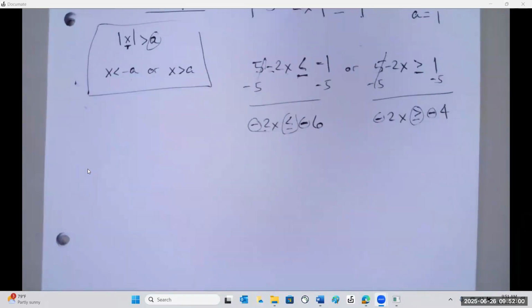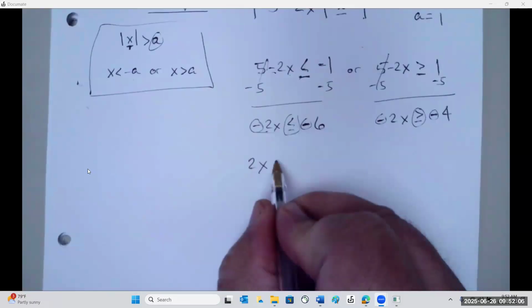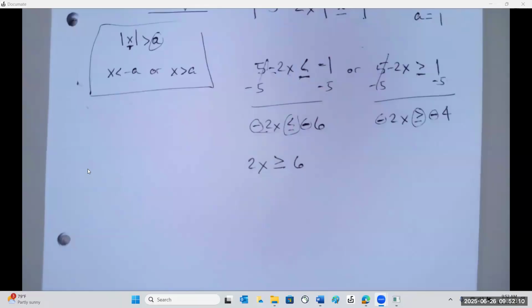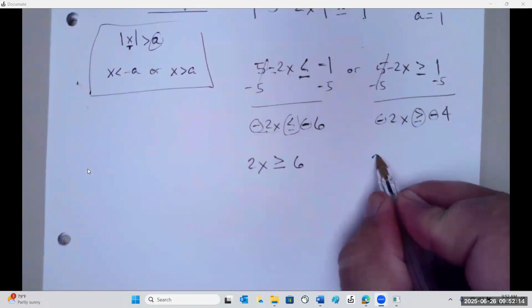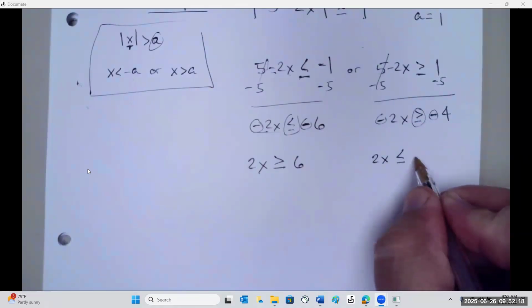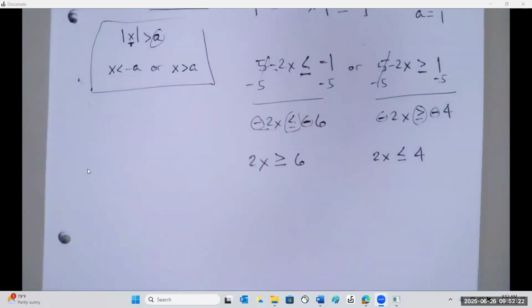Go step by step in towards the x. So we have positive 2x, this one becomes greater than or equal to, and it becomes positive 6. That one becomes positive 2x less than or equal to positive 4. Change the signs, change the inequalities.